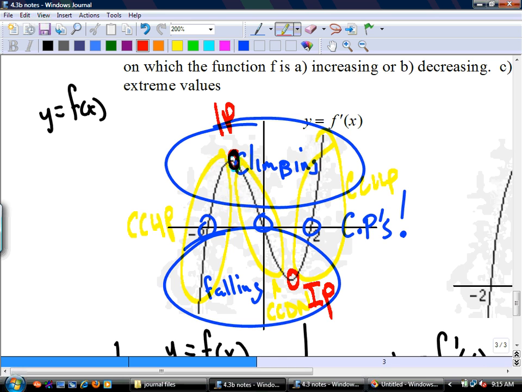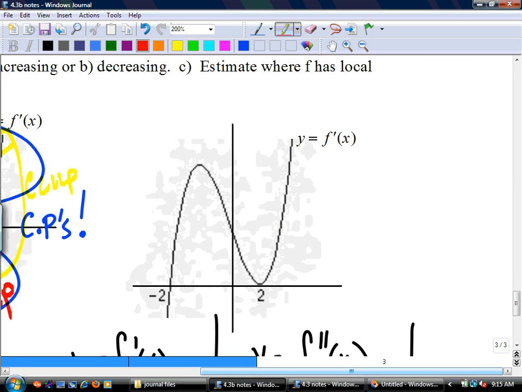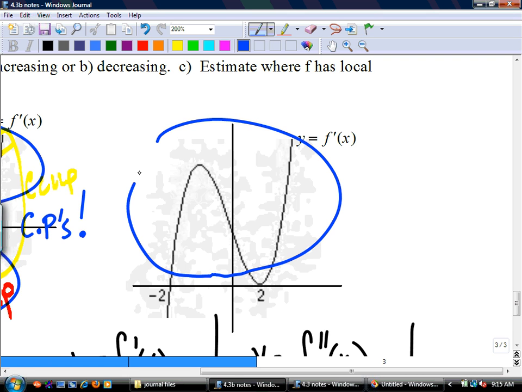Okay, so we're going to look at the one on the right and do the same thing. Tell me where it's climbing. Climbing everywhere except, you know what I mean? Climbing. Where's it falling? Falling. Where are the critical points?